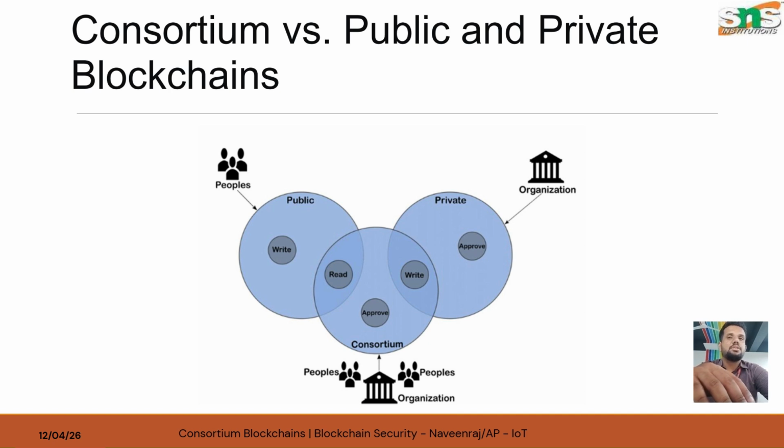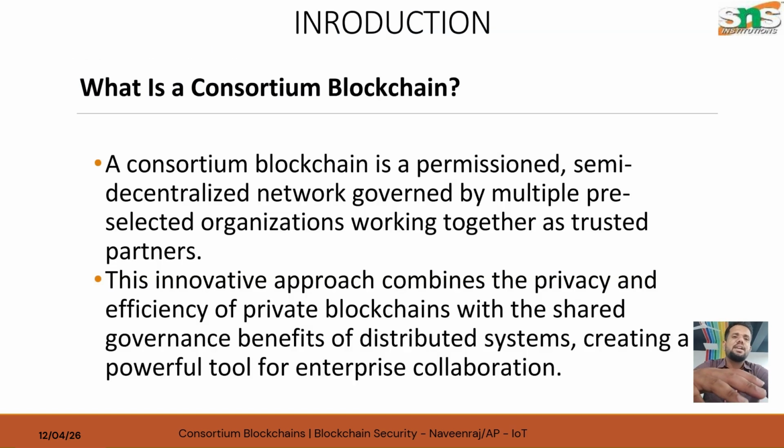Next, the fourth layer will be your consensus layer. What is the consensus layer? We all know about the consensus mechanism, but what happens in the consensus layer is it defines how nodes agree on transactions. That is very important here, right? Because somebody runs a node.